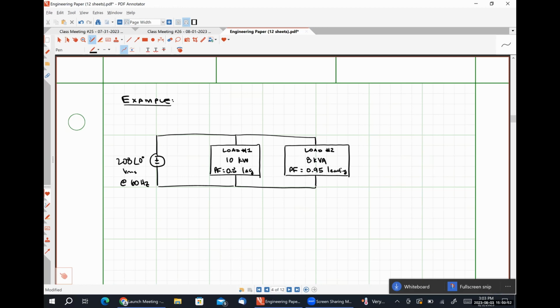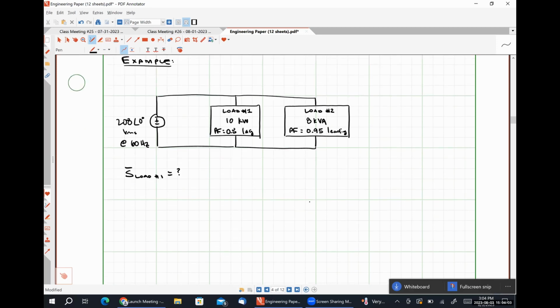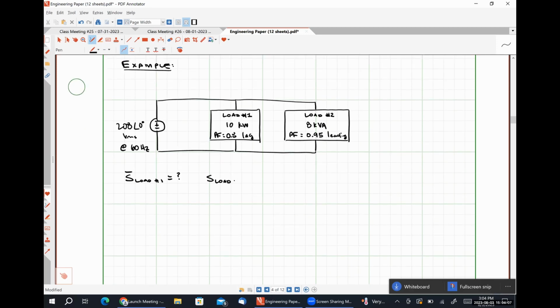I want us to determine the following quantities: the complex power absorbed by load number 1, the complex power absorbed by load number 2, the complex power supplied by our voltage source, and the capacitance needed to reach a power factor of 1, where we would put our capacitance here in parallel with our voltage source.